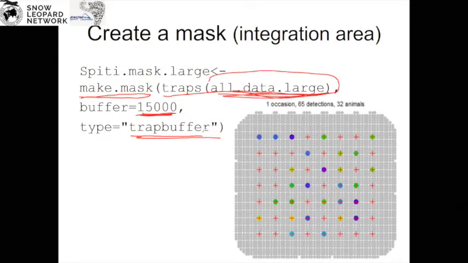You can have a shape file, you can have camera trap grids and create a buffer around them. Like Justine showed with that map of South Gobi, if you have a landscape where there are hard boundaries on all sides, then you can use a shape file as it is as a mask.